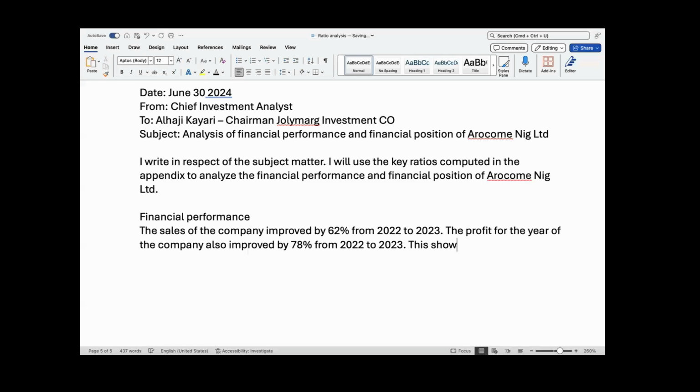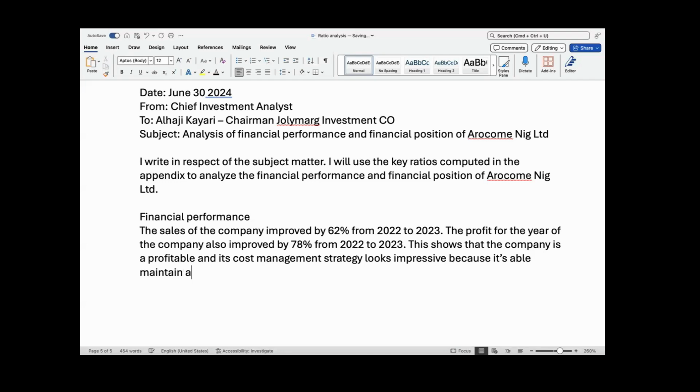This shows that the company is a profitable company and its cost management strategy looks impressive because it's able to maintain an improved profit for the year beyond the improvement in sales.